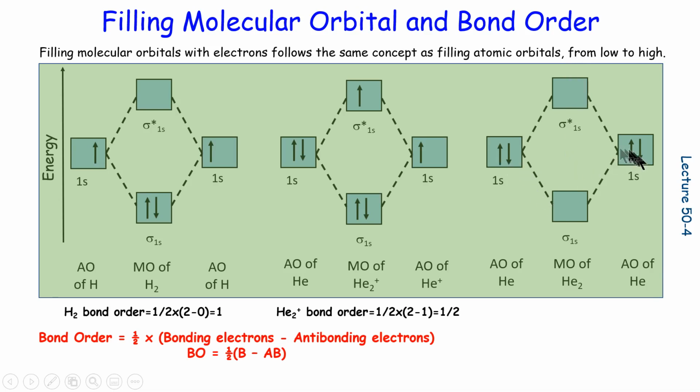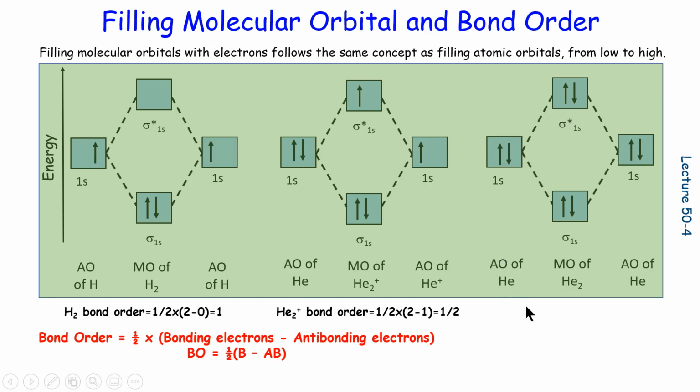We have a total of 4 electrons in those atomic orbitals, and now we have 2 molecular orbitals. Each orbital can accommodate a maximum of 2. Then we will have 2 electrons in sigma 1s, the bonding orbital, and also 2 in the antibonding orbital, sigma asterisk 1s.